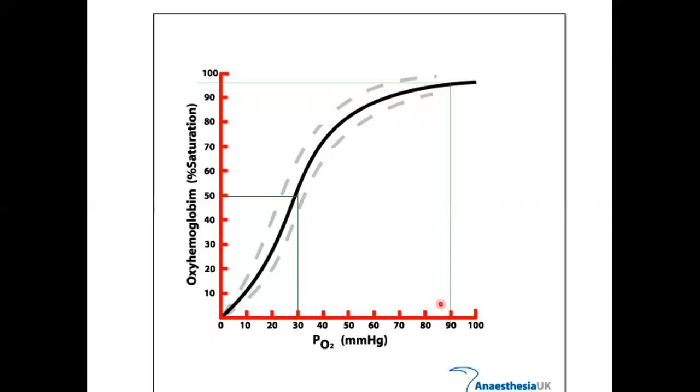We need 90 units of oxygen to get the hemoglobin about 95, 96, 97% saturated. This is what normal saturation level is in our bloodstream. So when we talk about percent saturation or oxyhemoglobin, our oxygen saturation is about 97 to 100%.